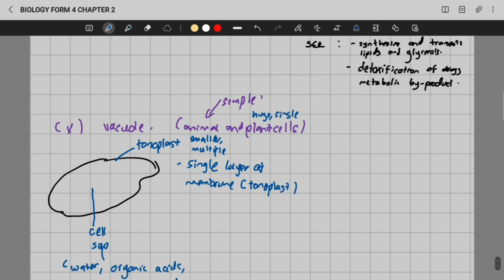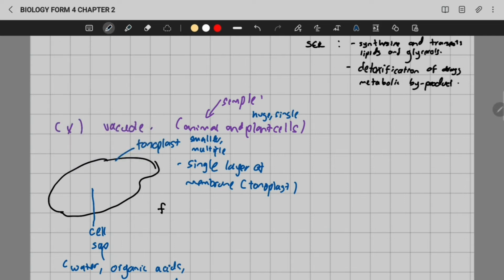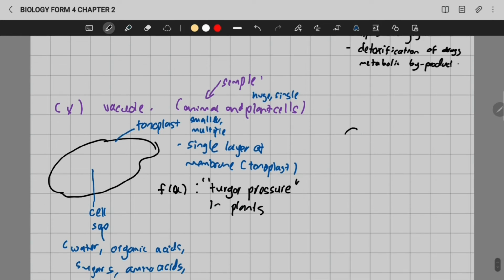And what is the function? You will learn the term turgor pressure. What do they do? Turgor pressure in plants. You will learn more later, but here is a brief about it.